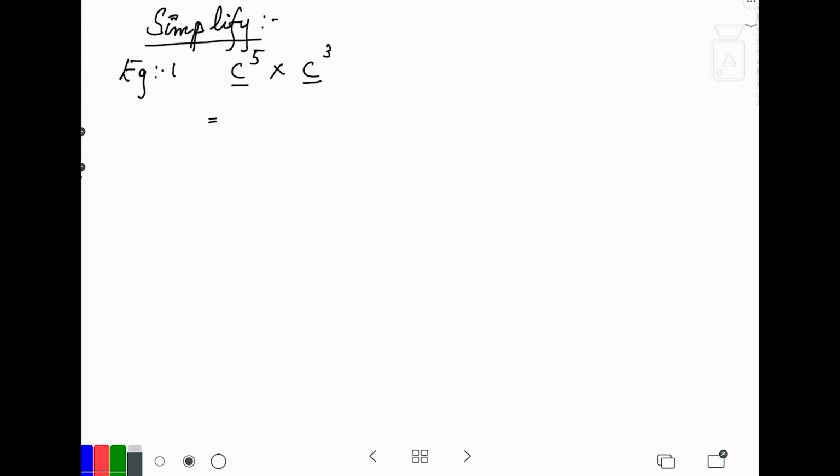What does the rule say? If the bases are same, I hope you remember I told you a power m times a power n means a power m plus n. Use this first law of indices and then based on this you can write this as c power 5 plus 3, which gives me c power 8. Hope you are clear with the first example.